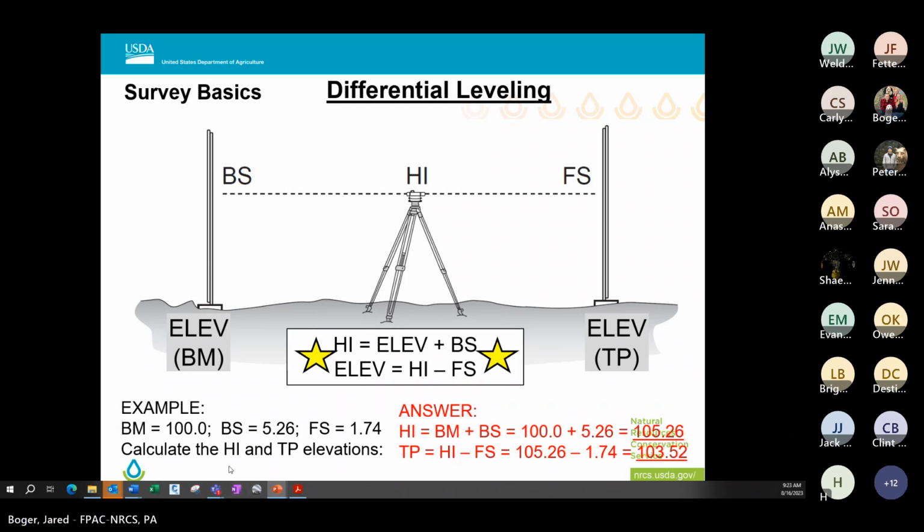Okay, and then your foresights are essentially your side shots when you're going to be doing your topographic survey. Okay, and we would want to subtract your HI from all other readings to establish your foresights, you subtract your HI minus your 1.74, and that's your elevation of where you've surveyed.